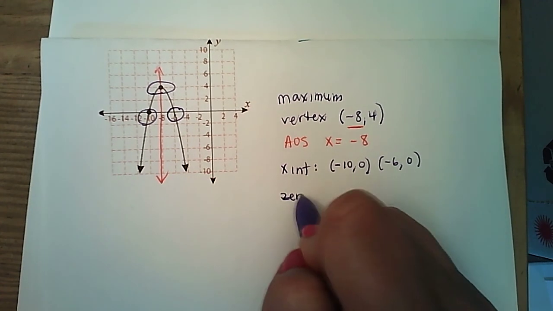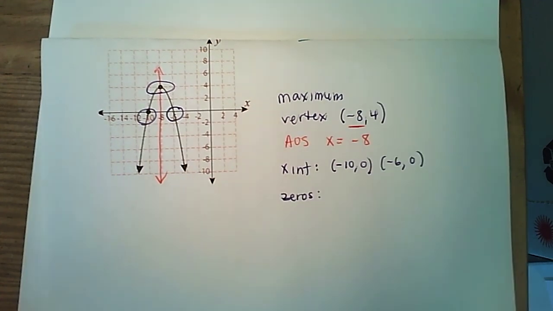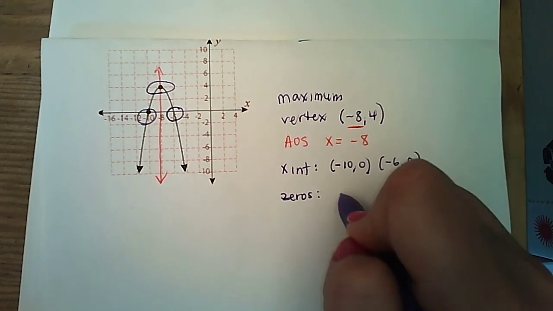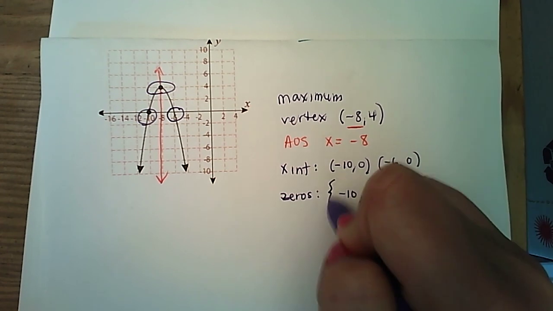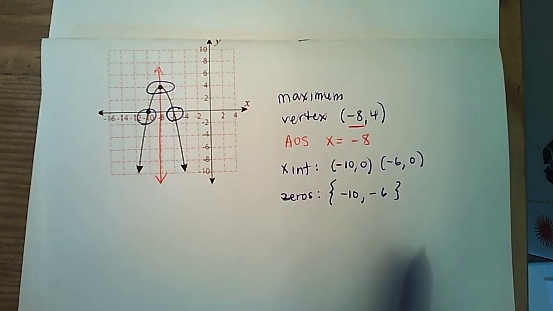Which then means the zeros of my graph are where I cross the x-axis, so it's just negative 10 and negative 6. And again, IXL and Delta Math will not have you put it in the set notation.